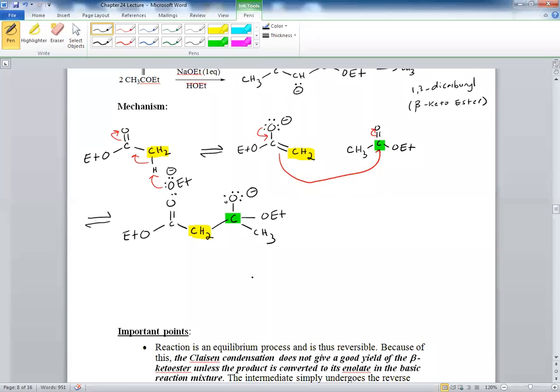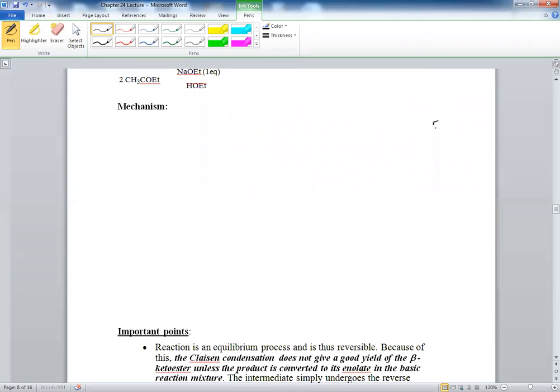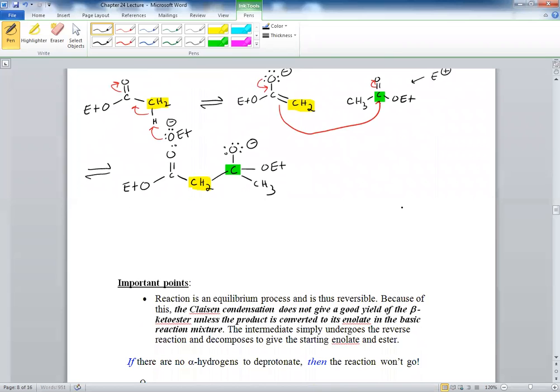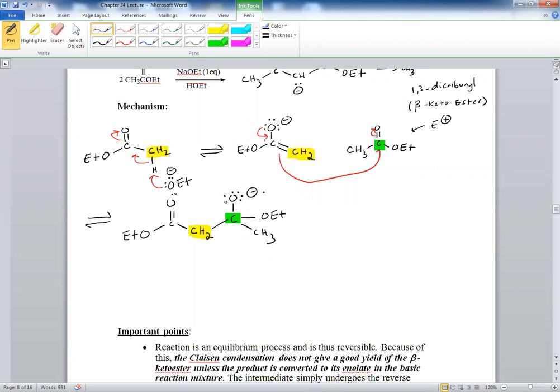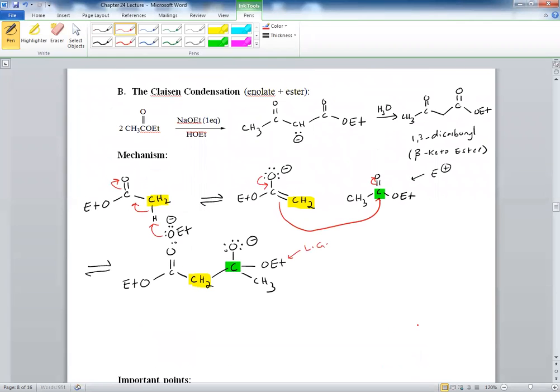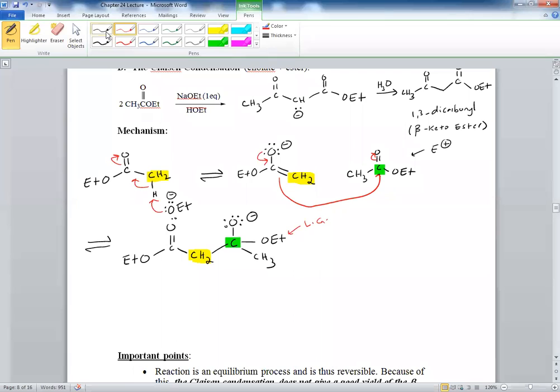Now, the difference in the mechanism is that, as this one acted as an electrophile from the aldol, the next step in an aldol would be to protonate, except here you don't do this. You encounter something we saw in chapters 20 through 22, where this is actually a leaving group. So you formed the tetrahedral intermediate, where the electrons come down, and then this leaves.